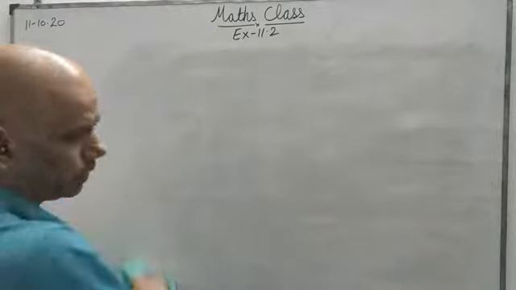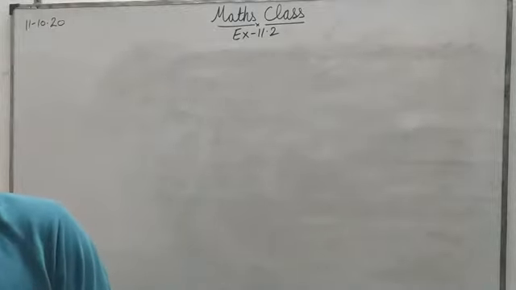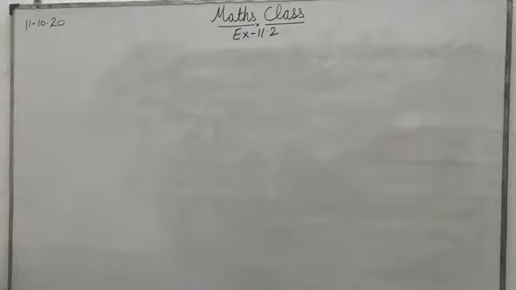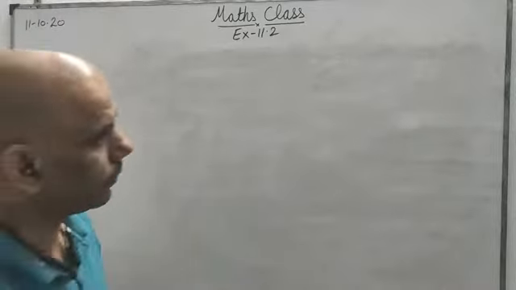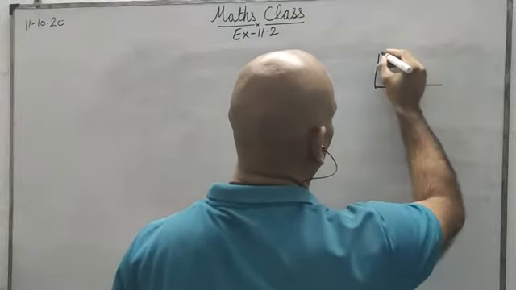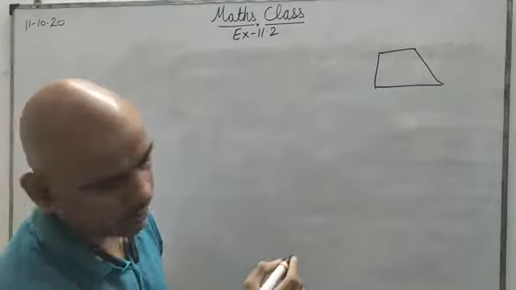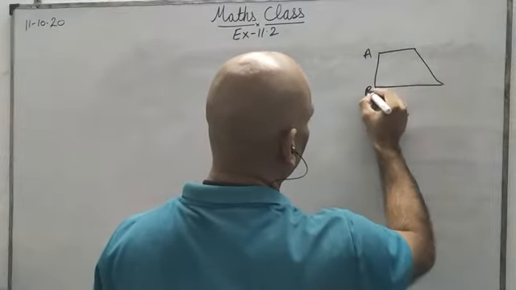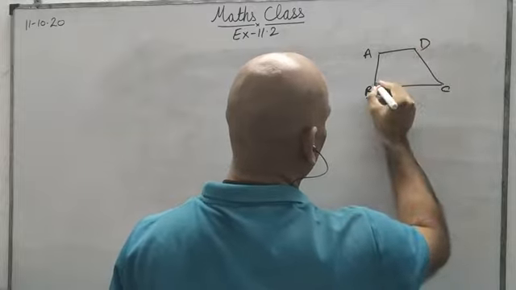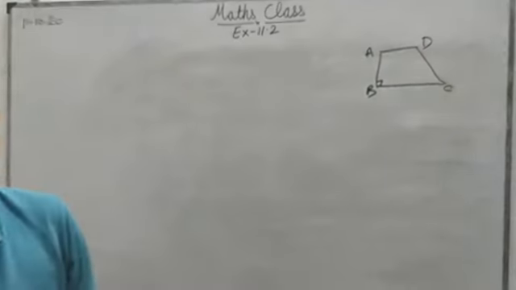Let us see question number 3. What is question number 3 saying? The length of the fence of a trapezium shaped field ABCD is 120 meters. A trapezium shaped field is there. How is it ABCD? A, B, C, D. This is 90 degree. It means AB is the height.